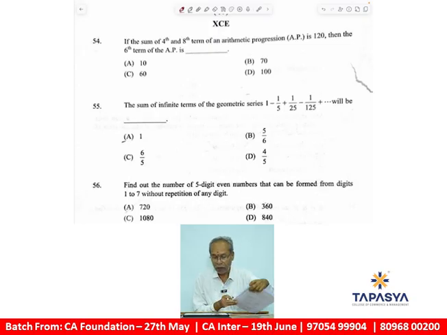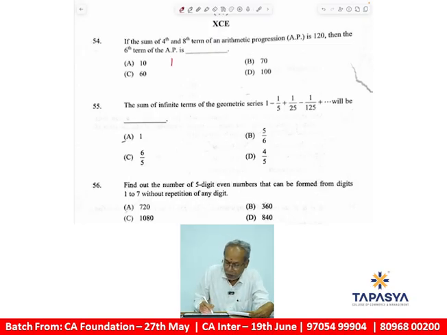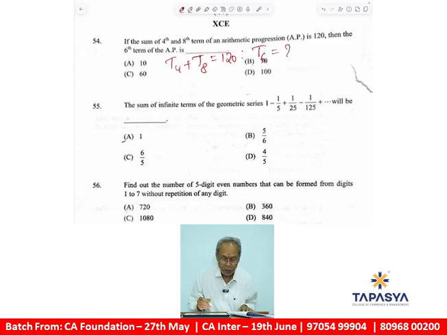Right. The sum of the fourth term and the eighth term, T4 plus T8, is equal to 120. It is asking what is the sixth term of the AP. The fourth term means A plus 3D, and the eighth term is A plus 7D.